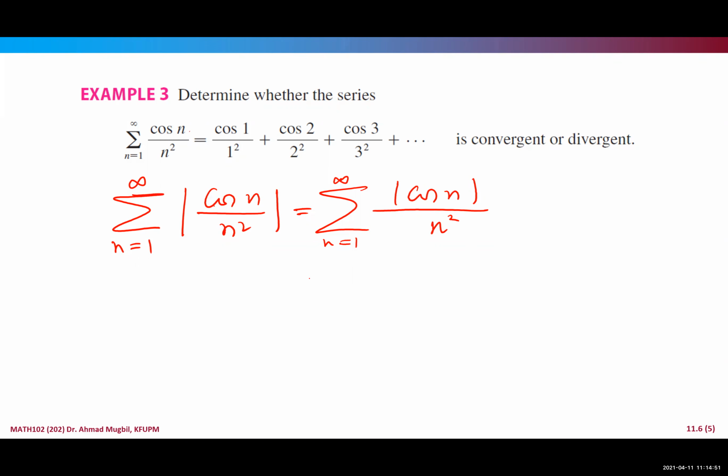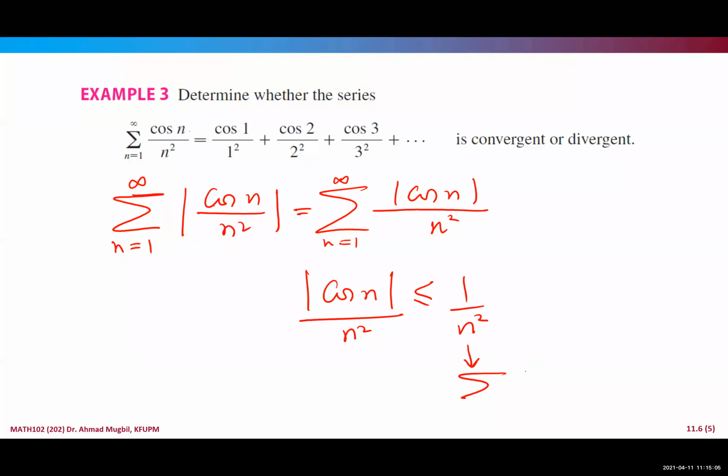So guys, you know that the absolute value of cosine n is less than or equal to 1. If you divide both sides by n squared, then clearly this is a p series with p equals 2, which is convergent.